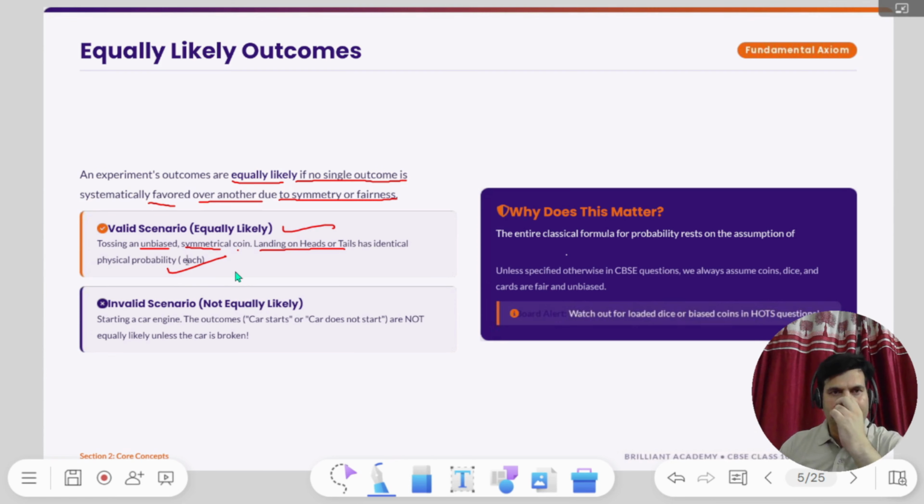So if you toss a coin that is unbiased and it lands heads or tails, that is equally likely because their chances are 50%. An invalid scenario is one that is not equally likely. Starting a car: the outcomes are car starts, car does not start, which are not equally likely unless the car is broken.